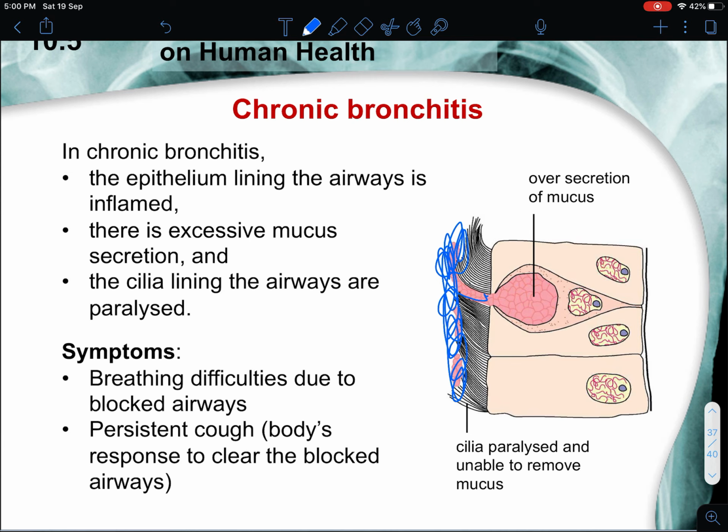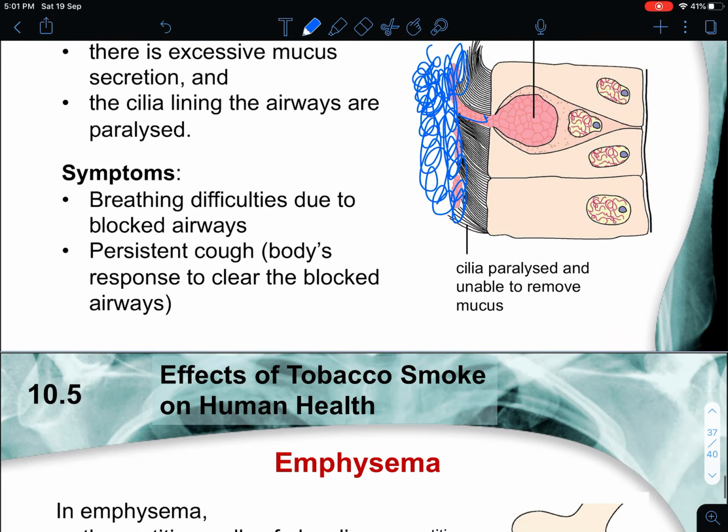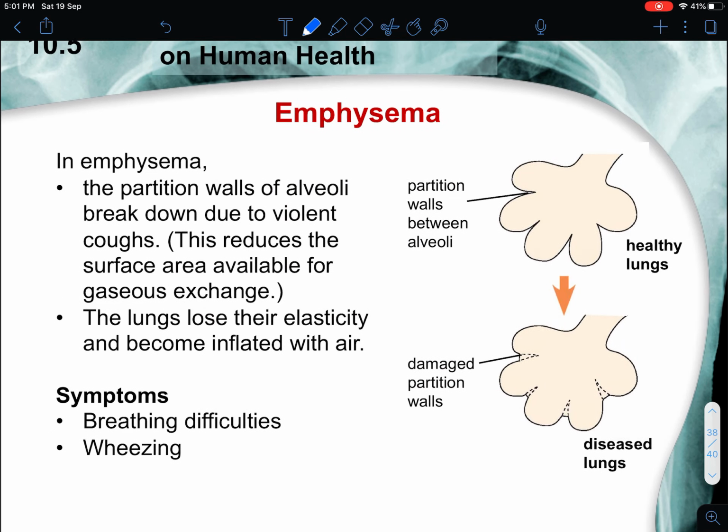Next, the ciliary lining, because it is paralyzed, is not able to sweep or remove the mucus out from your mouth. So as your glands produce even more, and there is no ciliary assistance to get rid of it, you will form a lot of phlegm, and you can reduce your airflow for taking in oxygen. So some of the symptoms will be breathing difficulty due to blocked airways, and of course persistent cough to try to clear the blocked airways.